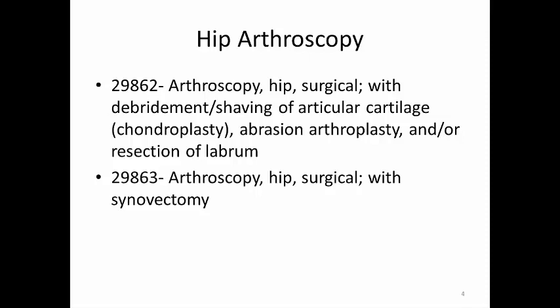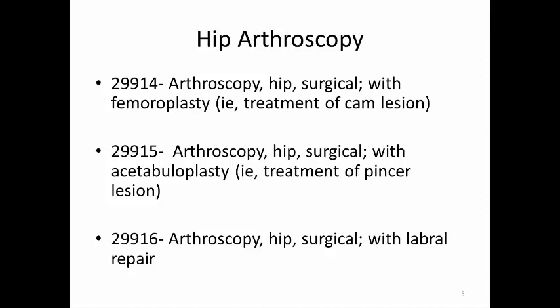Now the other 3 codes that are a little bit newer when it comes to hip arthroscopy are the 29914, 29915, and 29916. And you can see 29914, the example they give is a cam lesion. 29915, they give you an example of a pincher lesion. And then the labral repair is 29916.